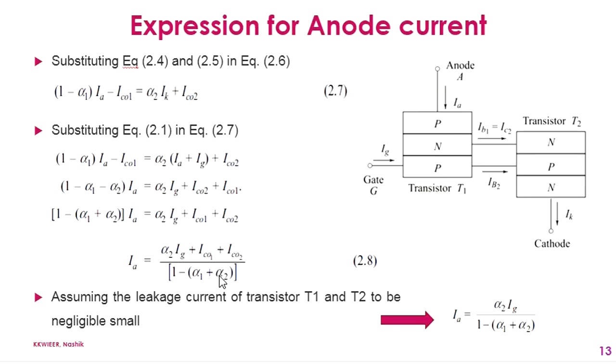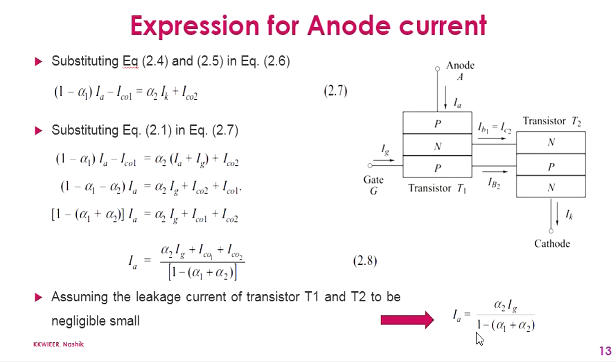Assuming the leakage currents of transistors T1 and T2 to be negligibly small, that is ICO1 and ICO2 almost 0, these two terms vanish, and IA is equal to alpha 2 IG upon (1 minus (alpha 1 plus alpha 2)).